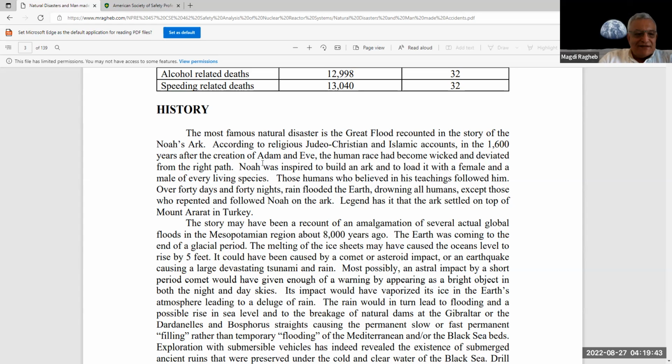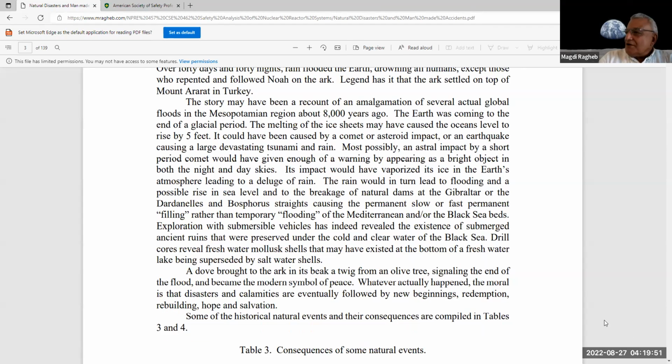Historians and archaeologists are trying to solve that problem in general. The story tells us that after Noah's Ark settled on top of Mount Ararat in Turkey, Noah sent out a pigeon, and the pigeon came back with an olive branch, and hence this is the origin in the story of an olive branch as a symbol of peace in general.